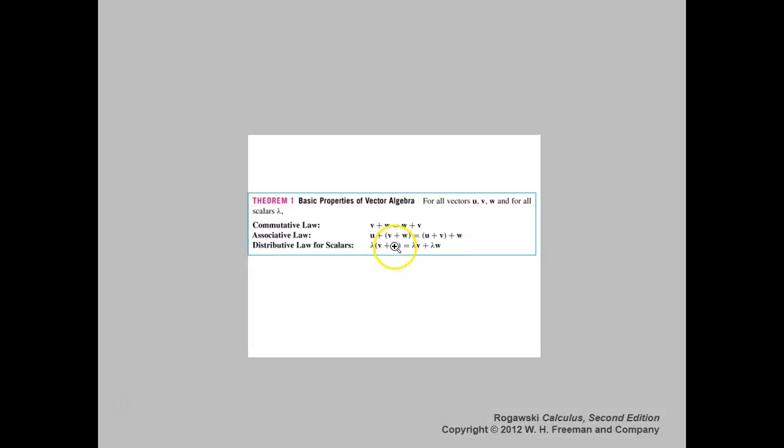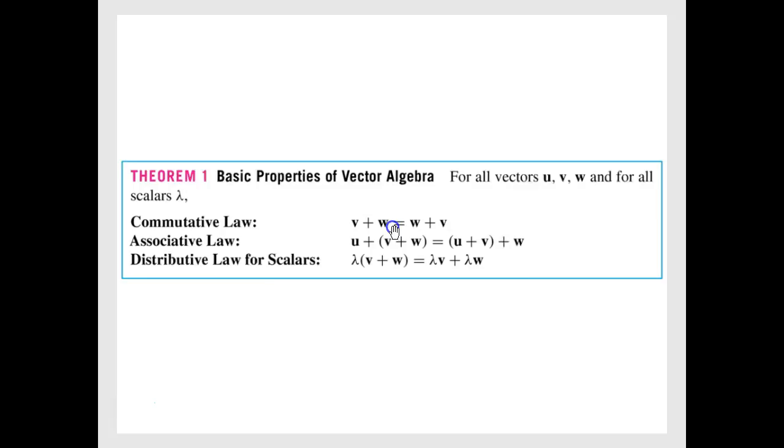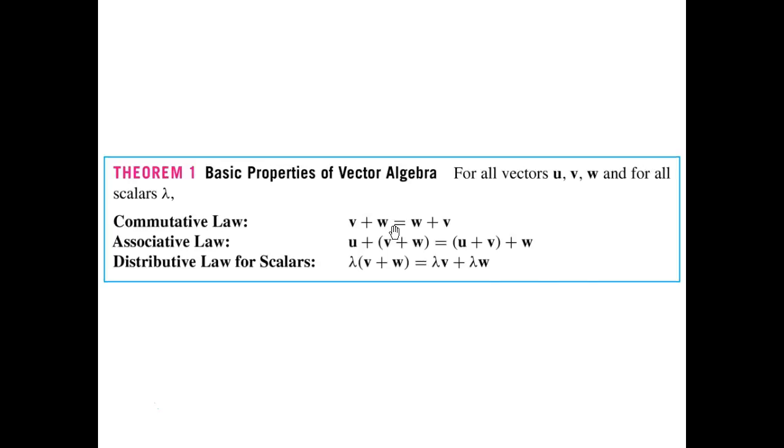Okay. Next. Basic properties of vector algebra. Okay? Seems like we talked about some of these, but we haven't formally listed them. Remember, in vector algebra, we just talked about vector addition, scalar multiplication.